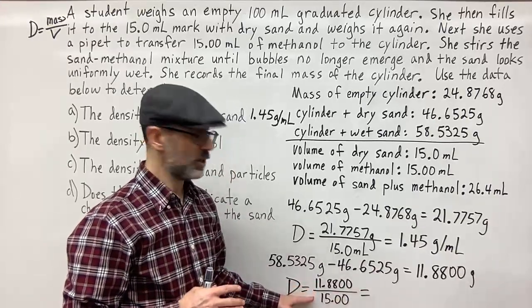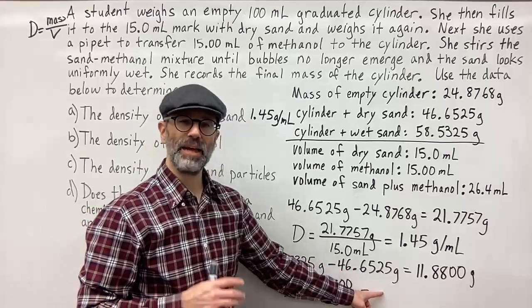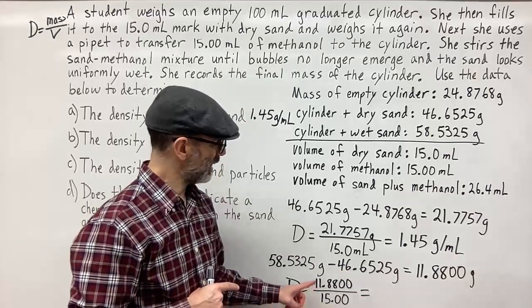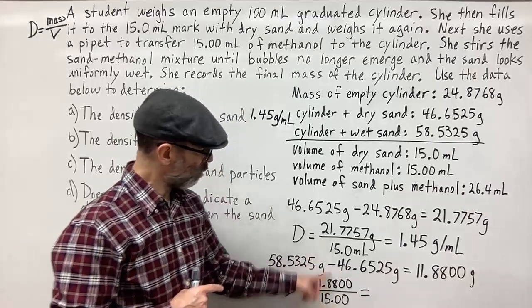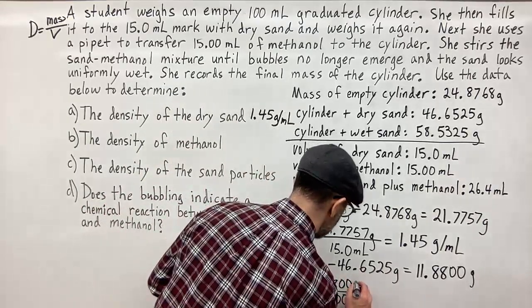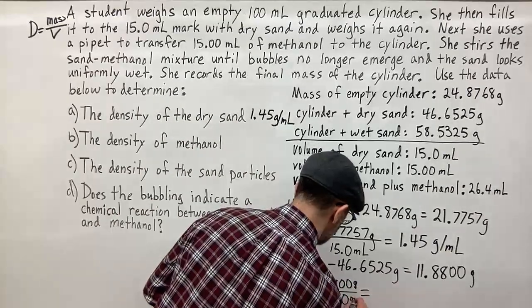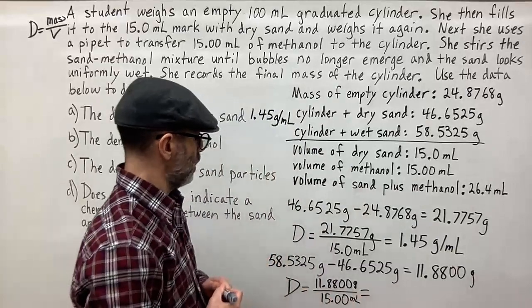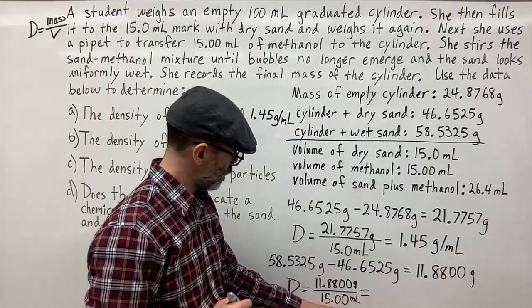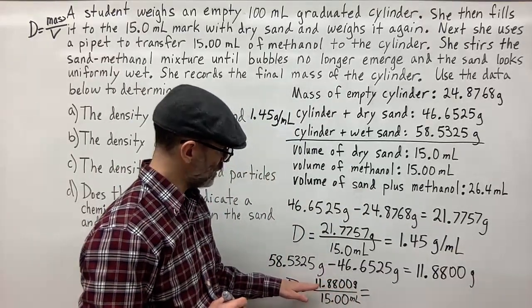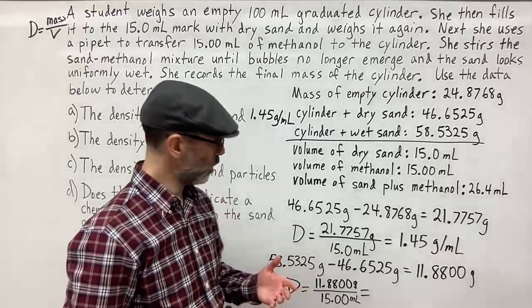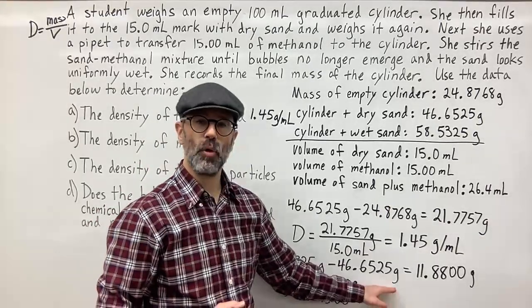And so again, when we're figuring out the significant figures in our answer, our answer should have the same number of sig figs as the least number of sig figs in our measurements. So this is grams, and this is milliliters. So we have 4 sig figs here. We have 6 sig figs here. 4 is the smaller one. So our answer should have 4 sig figs.